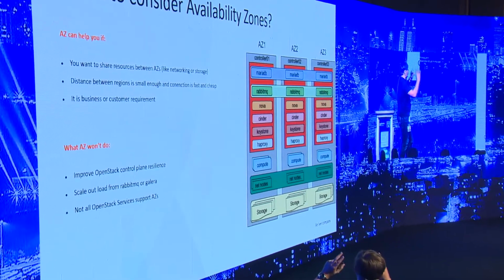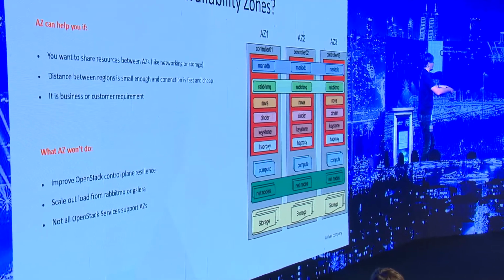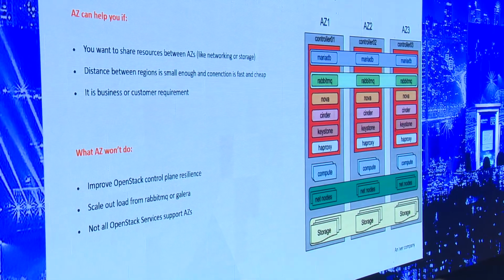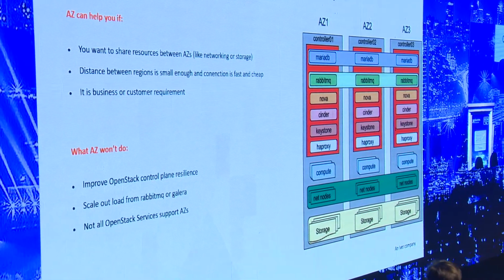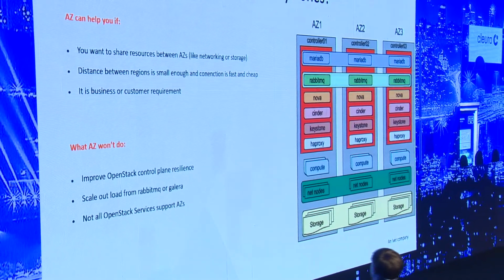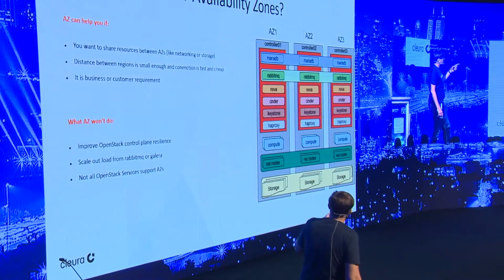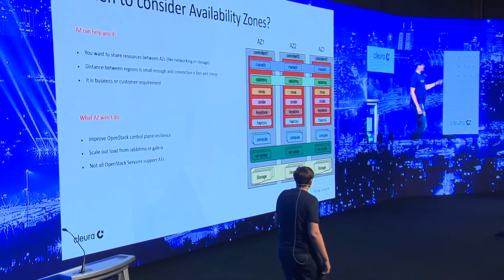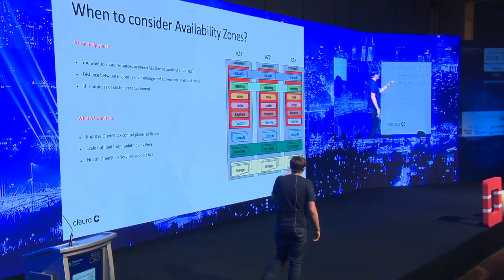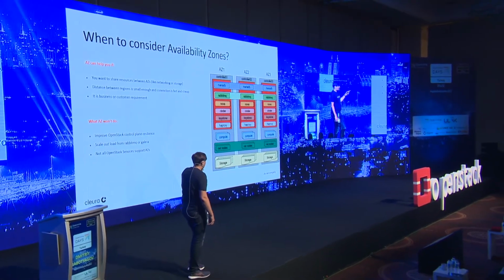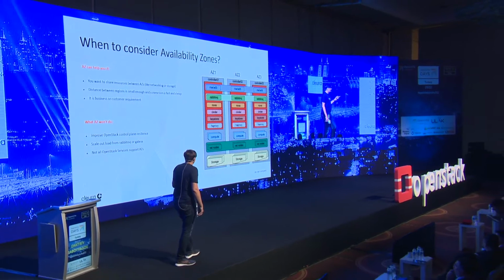And in case one AZ goes fully down, your cluster is still running. It still has a floating IP. But on the other side, distance between zones really does matter, and you can stretch resources only if traffic is cheap and reliable.